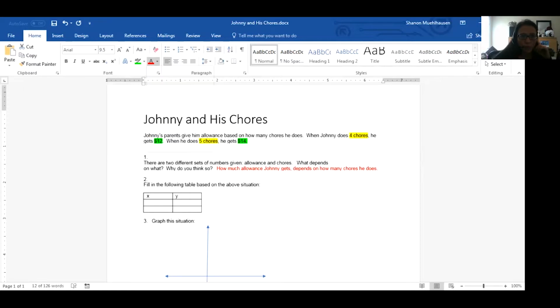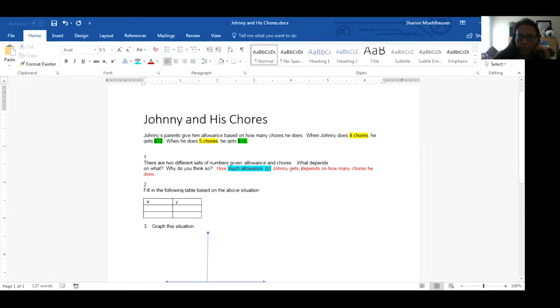And the reason why is because this tells us our dependency relationship. How much allowance he gets depends. That means how much allowance Johnny gets, or just allowance if you want, is our Y, because it depends.